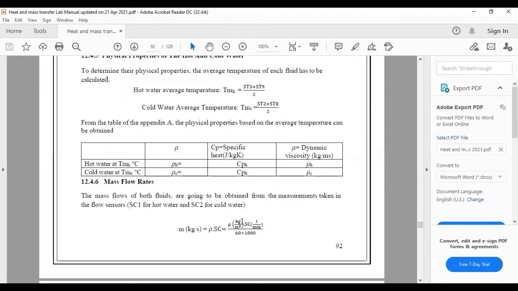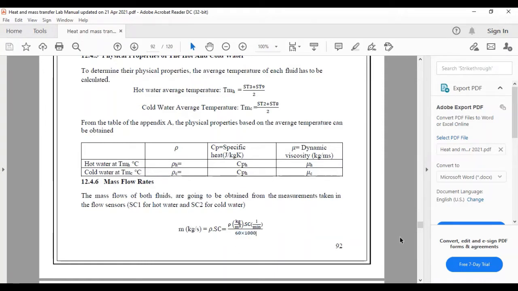The density is in kilograms per cubic meter, and SC is the flow rate in liters per minute. In order to convert the units into kilograms per second, we divide the whole value by 60,000.